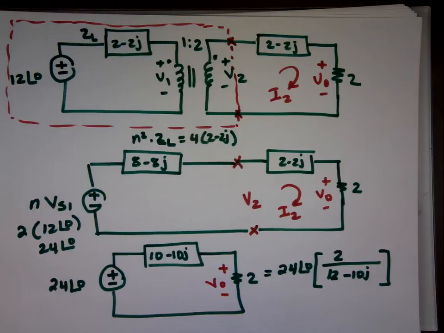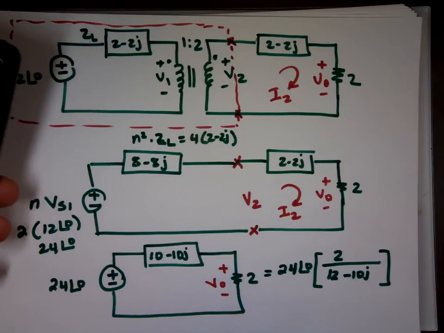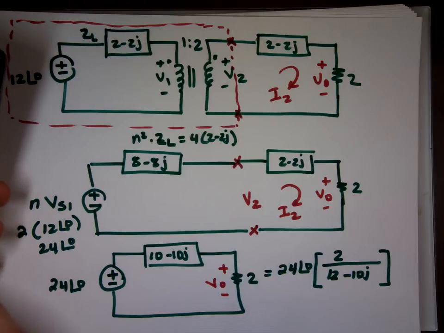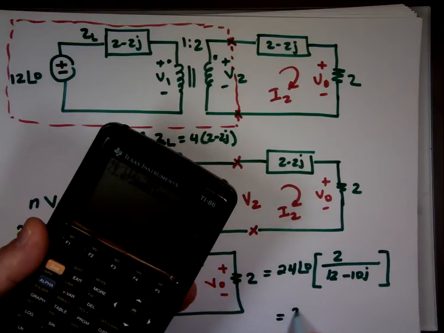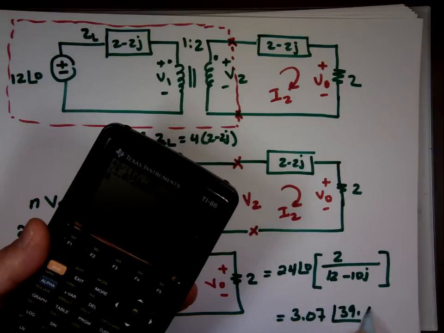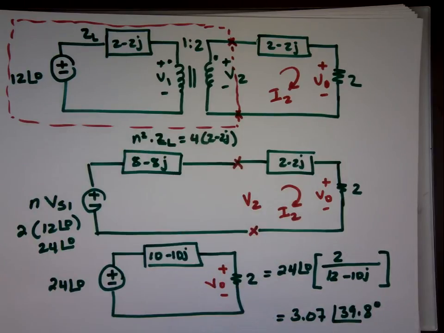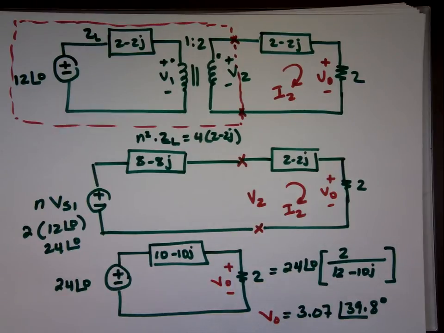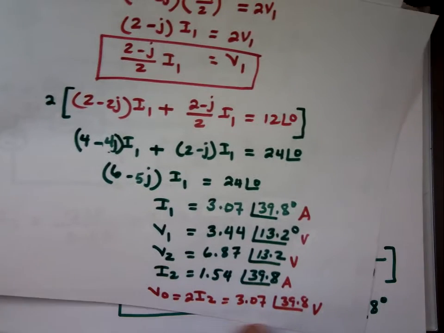So let's see. 48 divided by 12 minus 10j. 3.07 angle 39.8. Was that the same answer we did before? Same answer as that one. Yep. That's V out. So minus 10j because you're adding 10 to the 2. Correct. Notice when we did the other way, we got 3.07, 39.8.